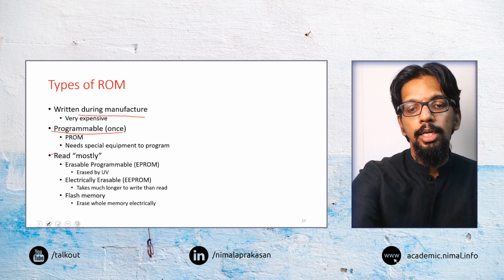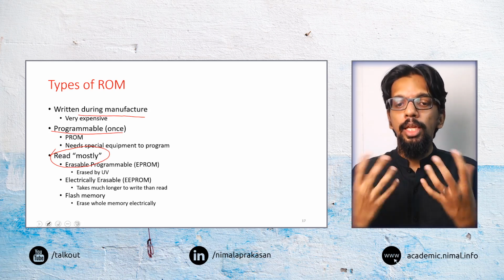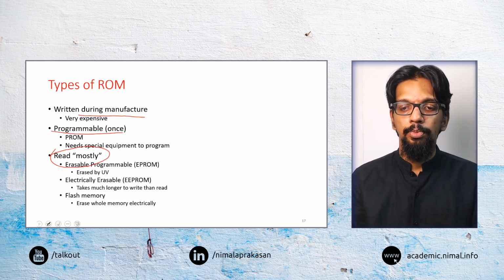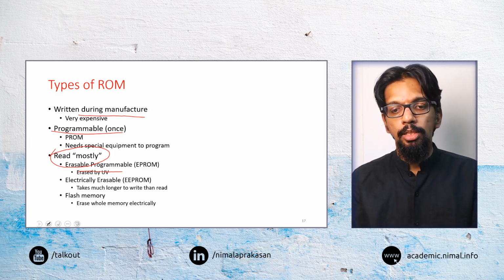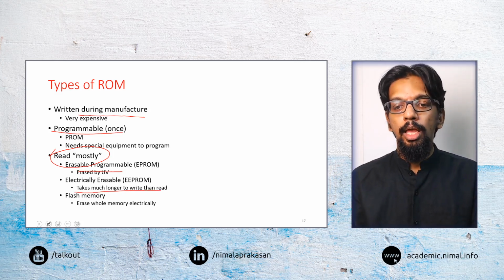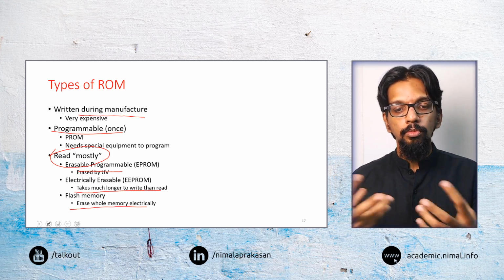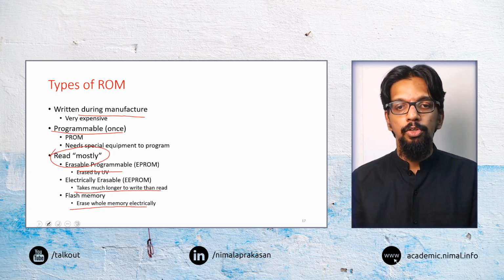The third category is what we can call mostly read-only memories, but it is possible for us to read and write in them. There are a few variations here: things that can be erased by UV, things that are erasable electrically, or what we call flash memories.